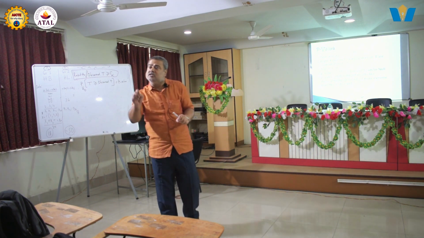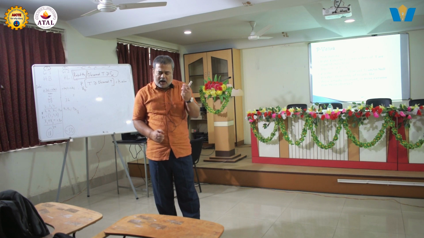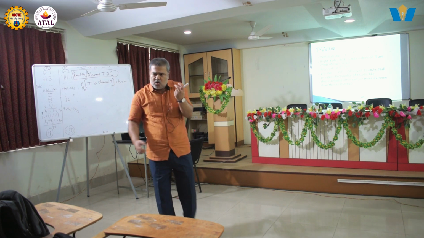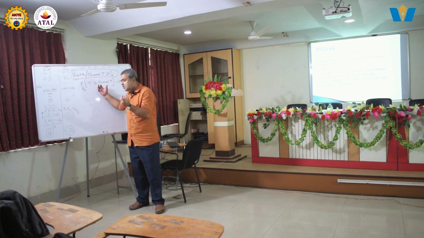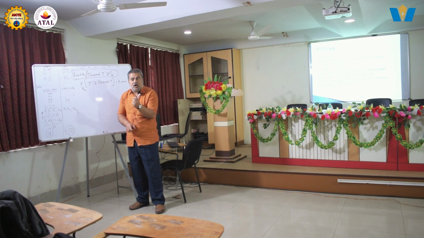Suppose the p-value is very low. What is the meaning? If H0 is true, the chance of observing this and more extreme values is very low, so your H0 may not be true. So if your p-value is low, you reject H0.